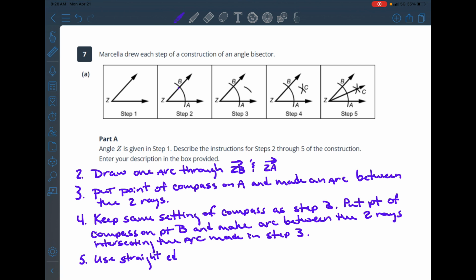Use straight edge to construct or to draw a ray from Z through, so we don't want to say to C because that means it stops at C, so we're going to say through C. There you've made an angle bisector.